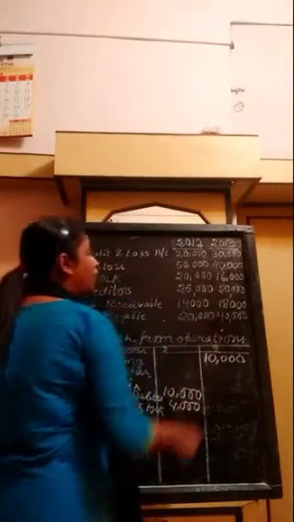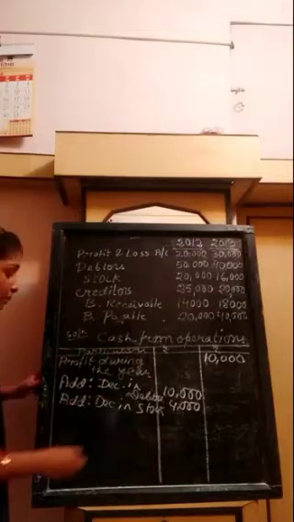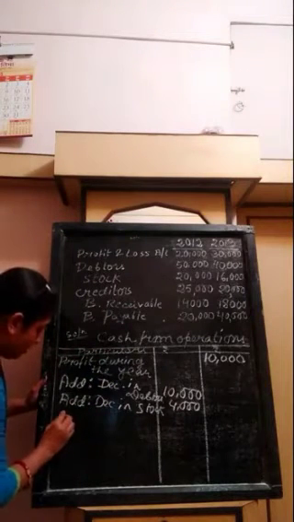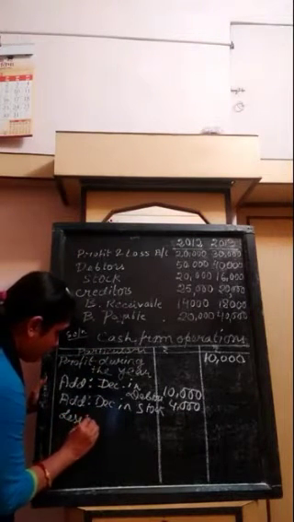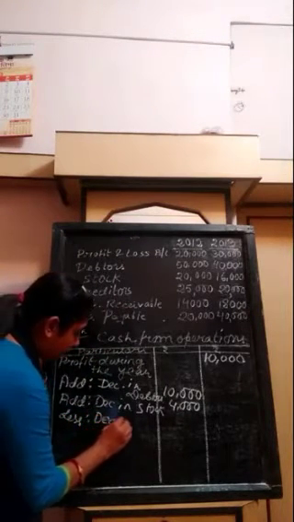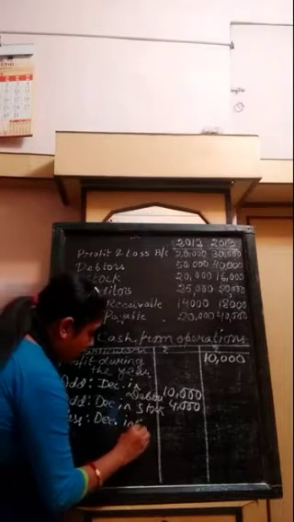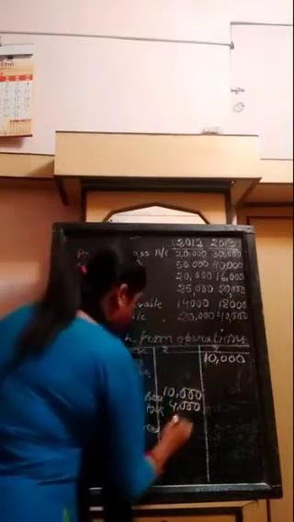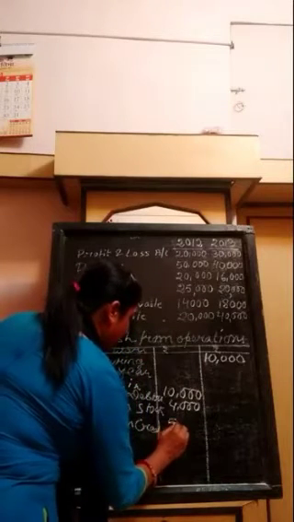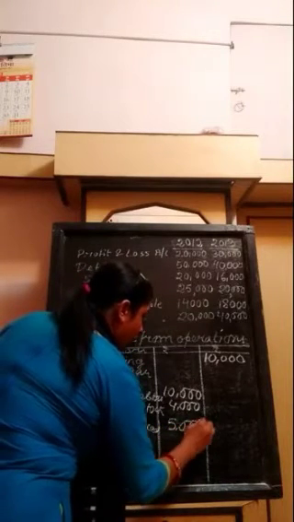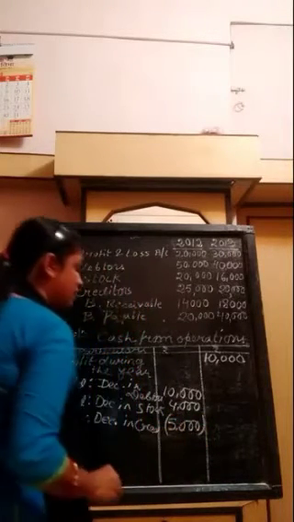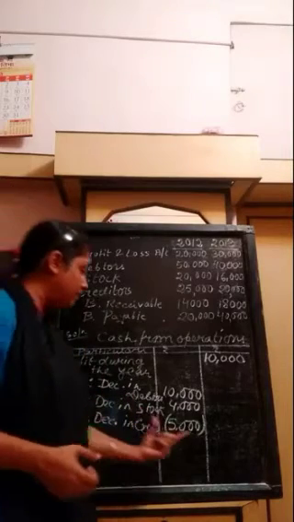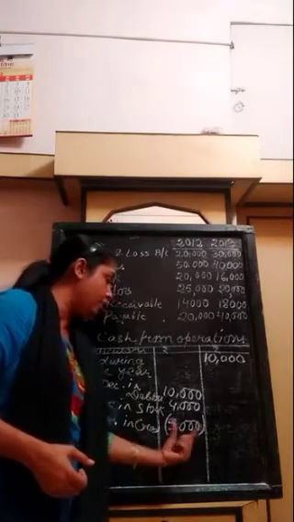So you have to deduct it, following the previous class. So less decreasing creditors. What is the amount? 5,000. 5,000 is decreasing. We have to deduct it. So we are using this bracket because in accountancy a negative figure is symbolized through a bracket.